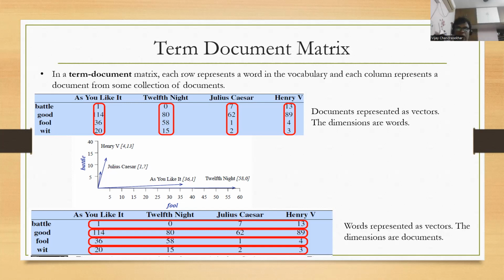Now, by just looking at the numbers, take As You Like It. Let's say you haven't read As You Like It. Neither you nor I have read it, nor Twelfth Night, nor Julius Caesar, nor Henry V. By just looking at these numbers, can you tell me which book is closer to As You Like It?